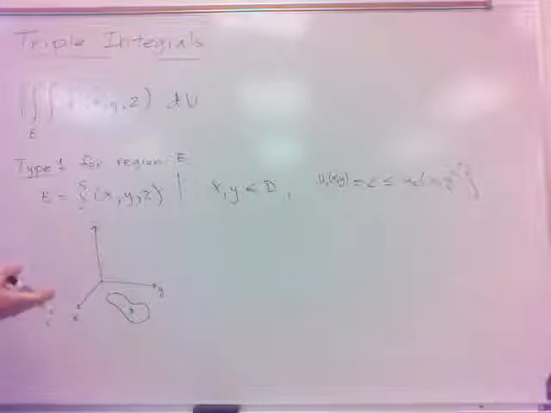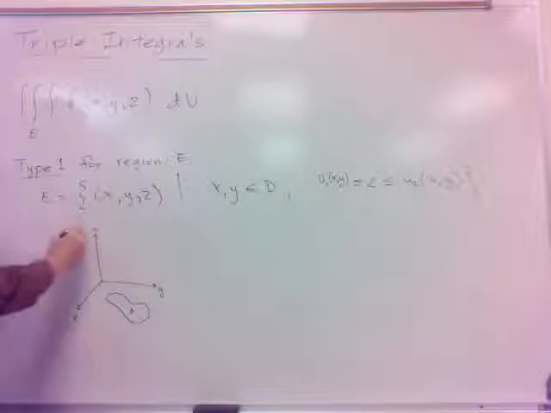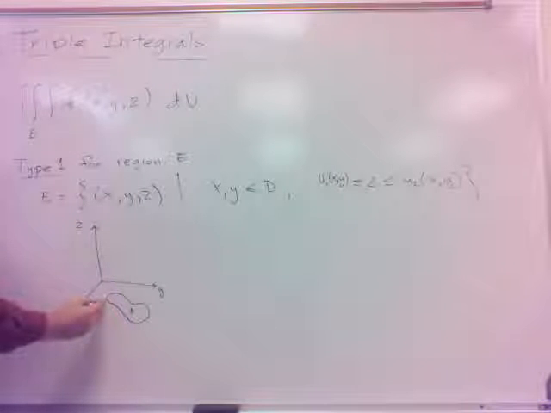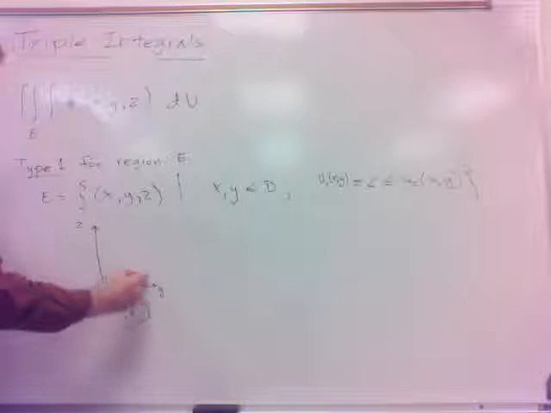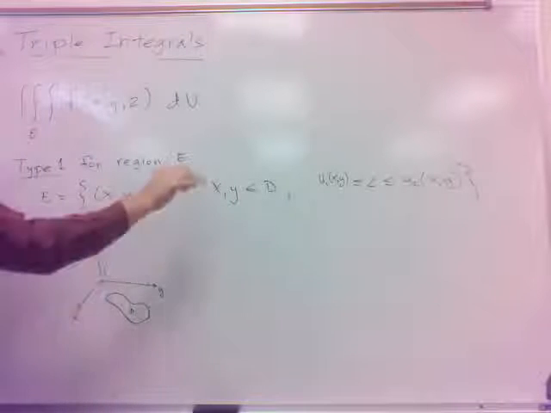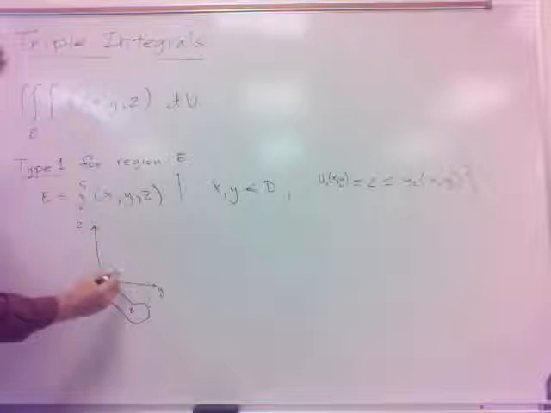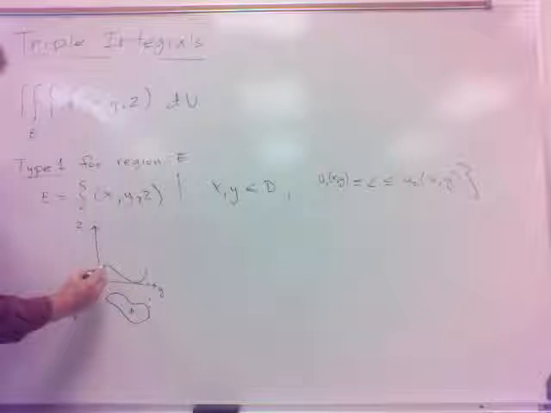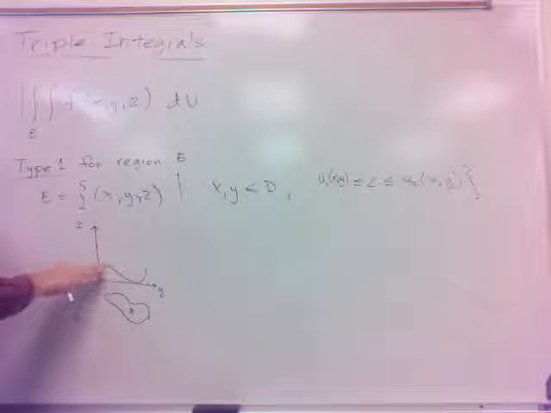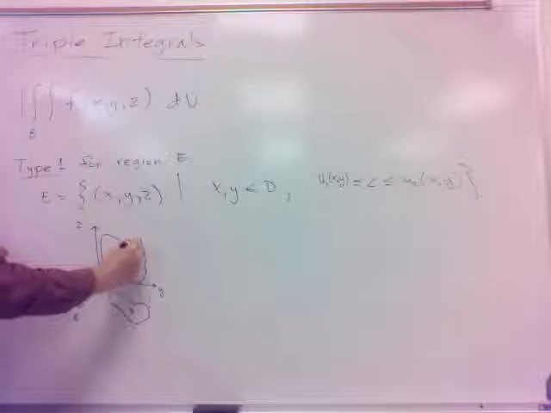And so what that means in the drawing here, in the graph, is z is between those two, and so we've got z going between some level here, and then another height at this one.